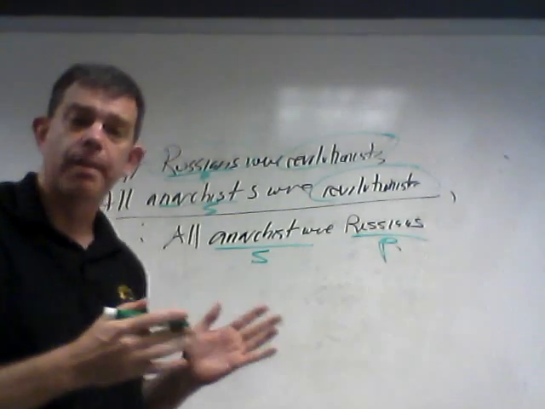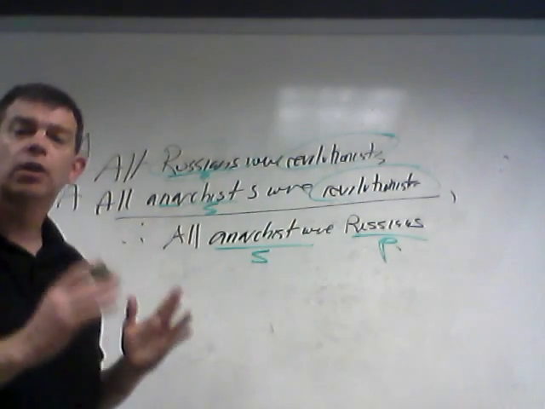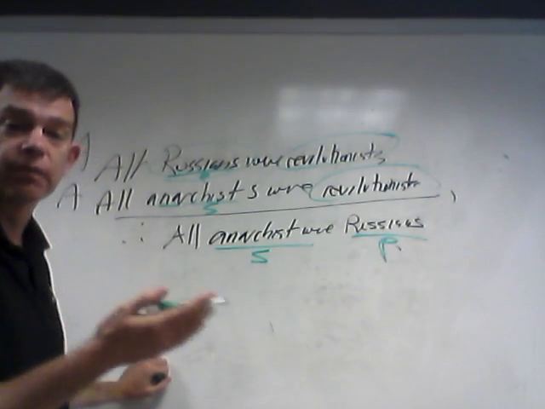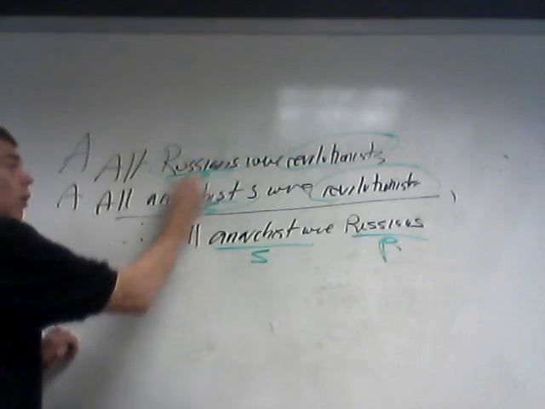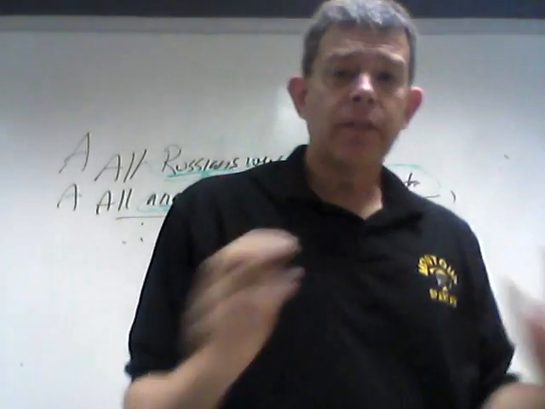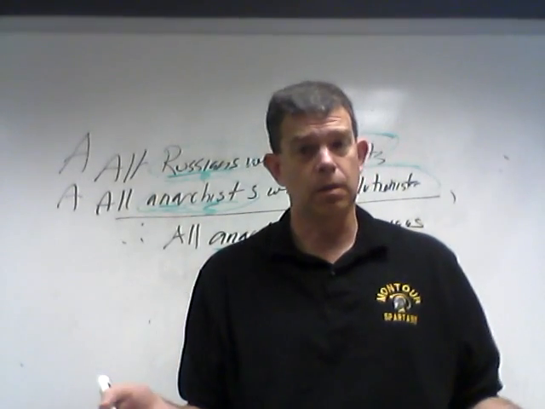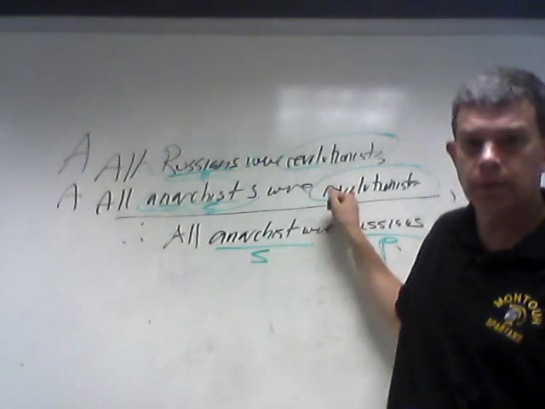In the second premise, all anarchists were revolutionists. What got distributed there? Again, it's an A statement, so the subject of that particular premise gets distributed. In this case, anarchists. So, in either premise, did the middle term get distributed? The answer is no. The middle term was revolutionists. Okay?